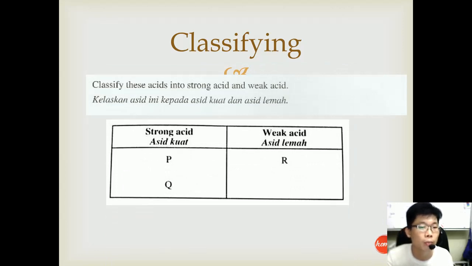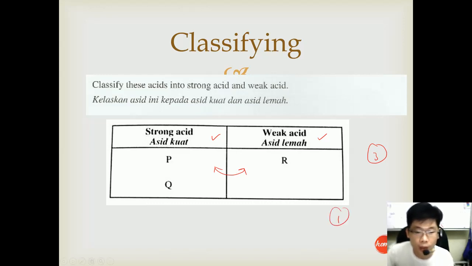Normally we make a table to classify the strong acid and the weak acid. So you can get score 3. Let's say the student reverses the answer totally, writing R in the strong acid and P and Q in the weak acid. Then the student will get score 1.